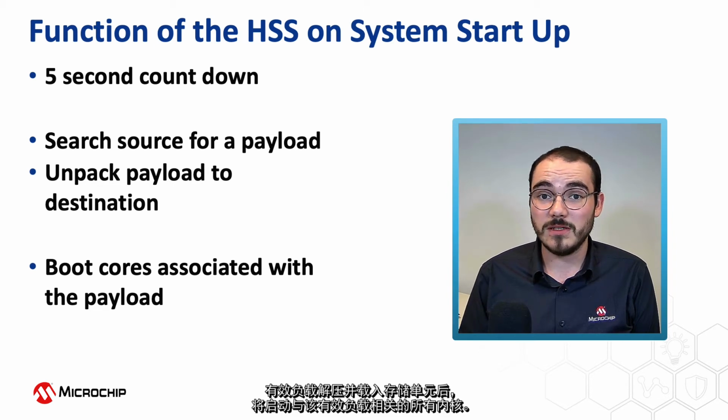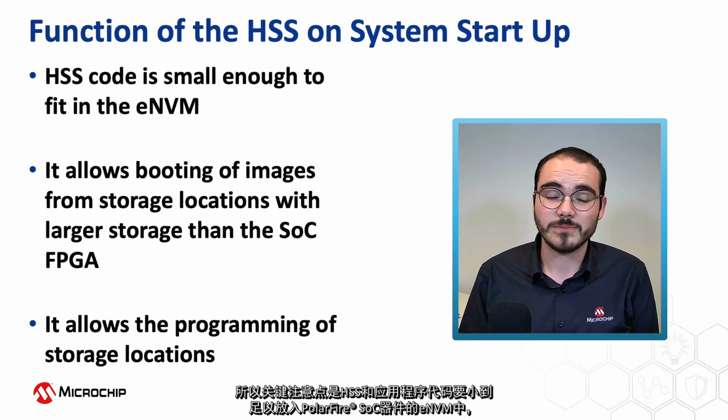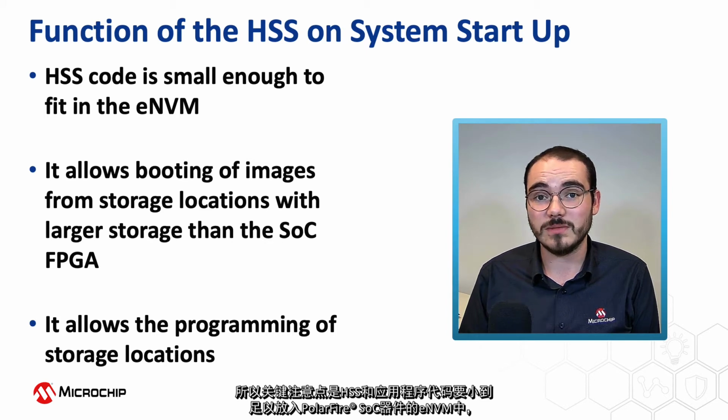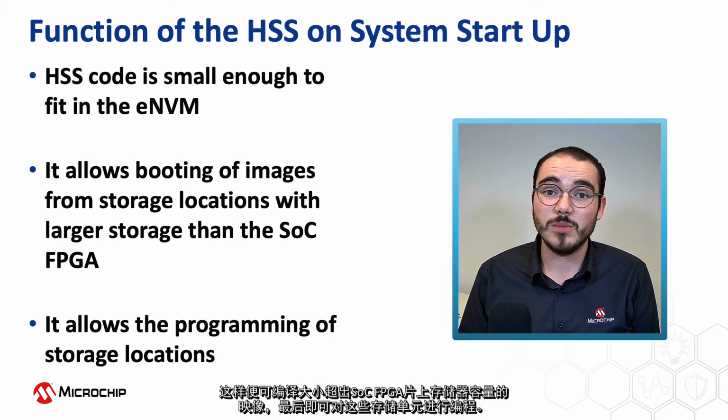Once the payload has been unpacked and loaded into its memory locations, any cores associated with the payload will then be started up. So the key points to note are that the HSS application code is small enough to fit in the eNVM of a PolarFire SoC part. It allows the booting of images that are bigger than the onboard storage of the SoC FPGA.